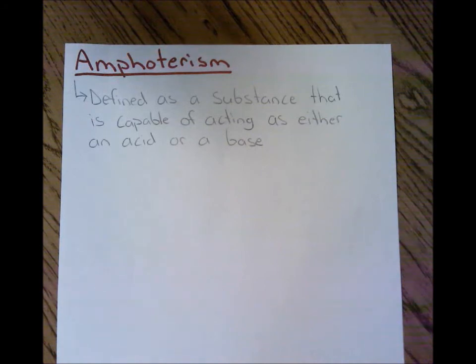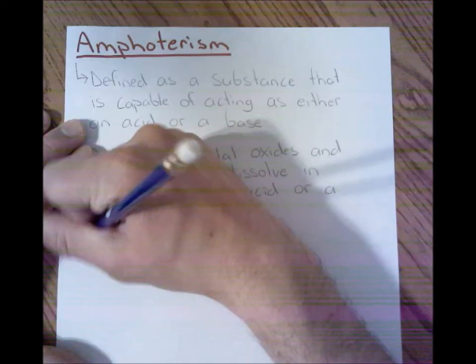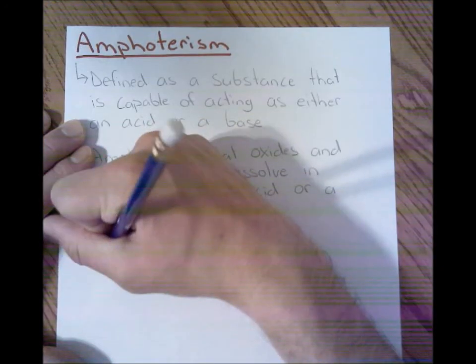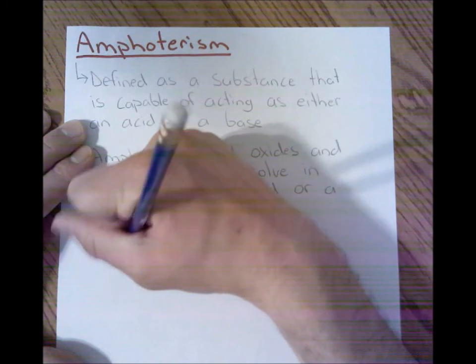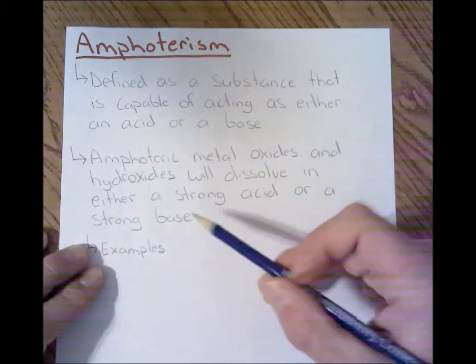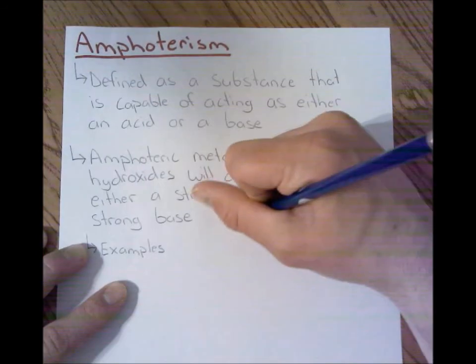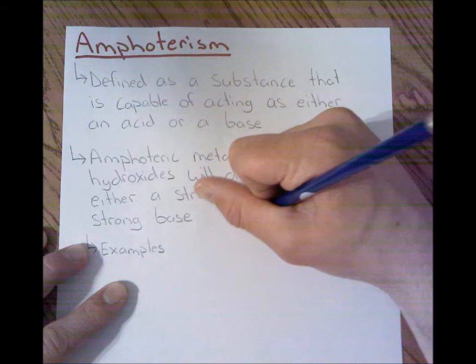So what I'm going to do is have some examples where I put this particular amphoteric metal, then over here I'm going to put the oxide version of this, and over to the far right I'm going to put the hydroxide version of that particular substance.